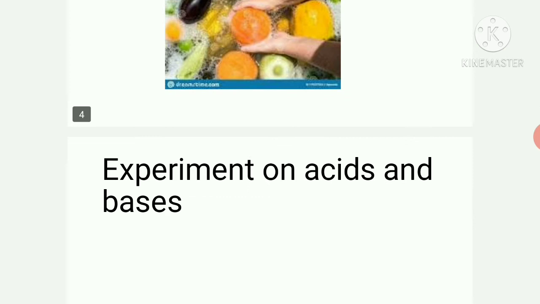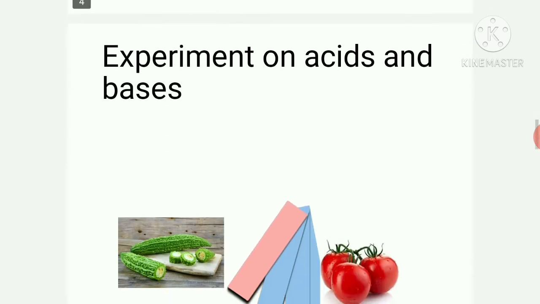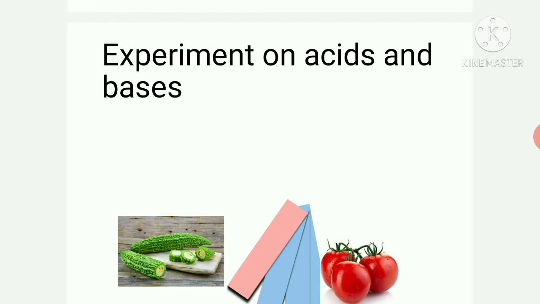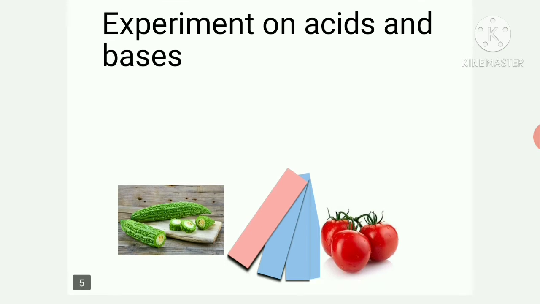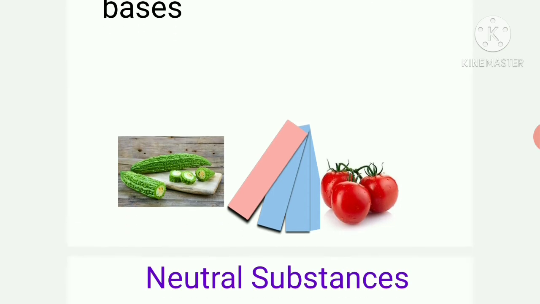Now, next we learn the experiment on acids and bases. Children, see, here some pictures are there. What are they? Bitter gourd, red litmus papers, blue litmus papers, tomato. Now we take the tomato juice.